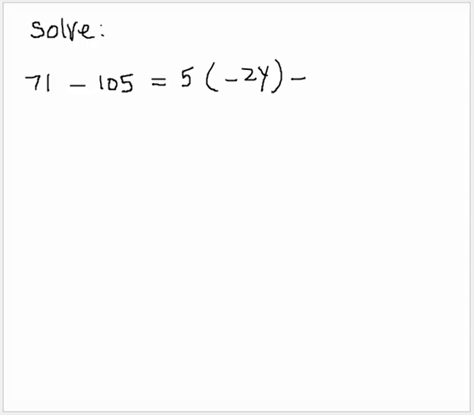15D. Here we have to solve. We have 71 minus 105 equal to 5 times minus 2y minus 3 times minus 2y plus 3y.